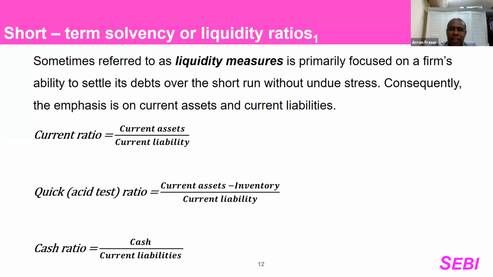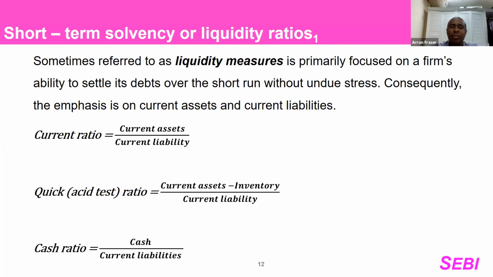The emphasis is on current assets and current liabilities. So the first ratio is the current ratio, which is current assets divided by current liabilities. Essentially, what this ratio says is how much of current assets we have to cover our current liabilities.